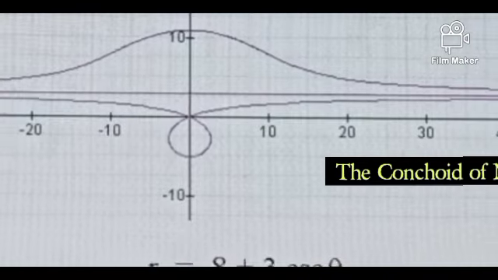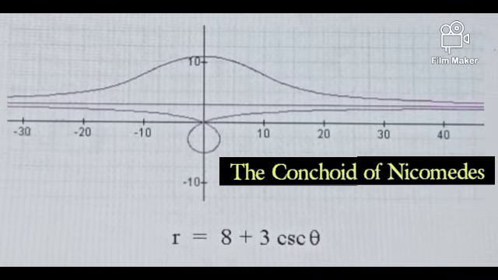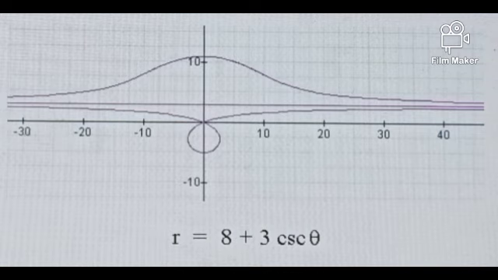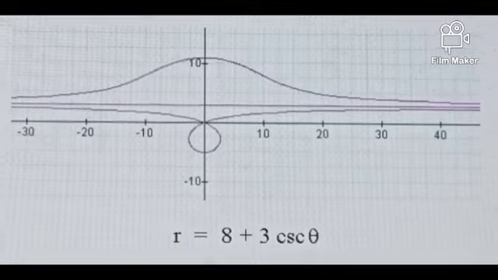This graph is called the conchoid of Nicomedes. And the polar equation of the conchoid of Nicomedes is given by r equals 8 plus 3 multiplied by cosecant theta, where theta is in radians.